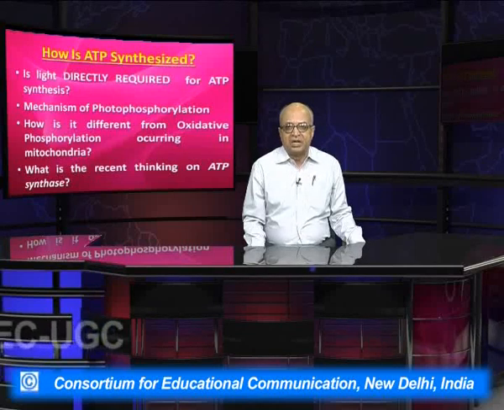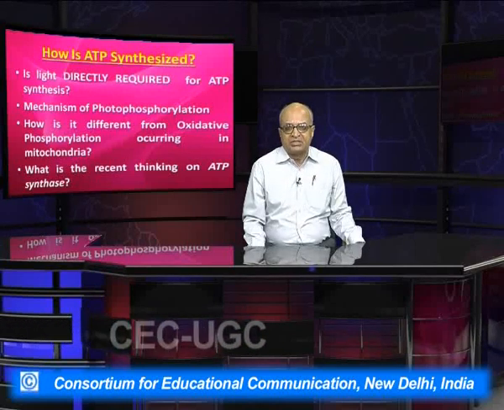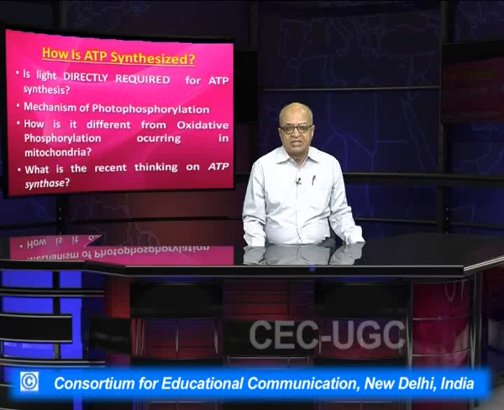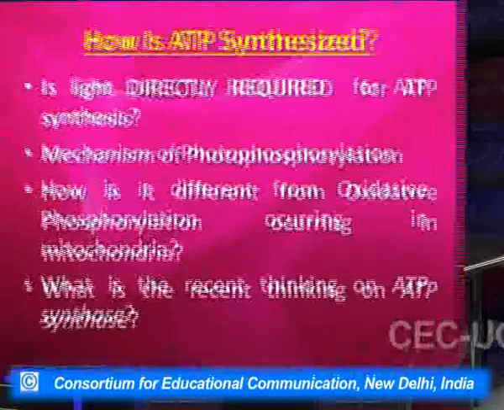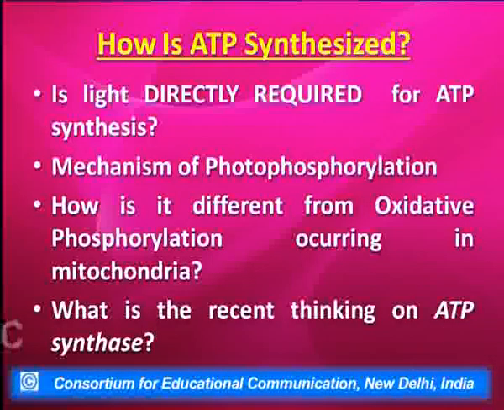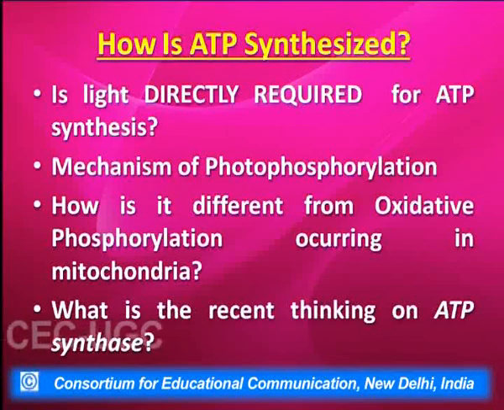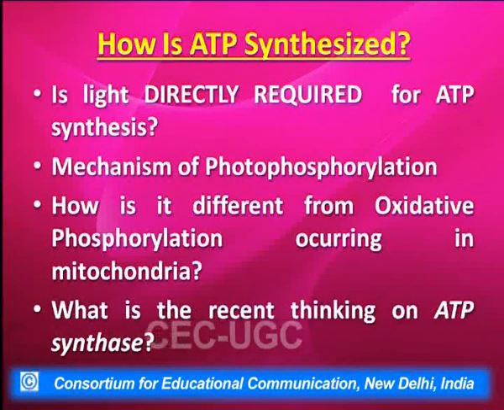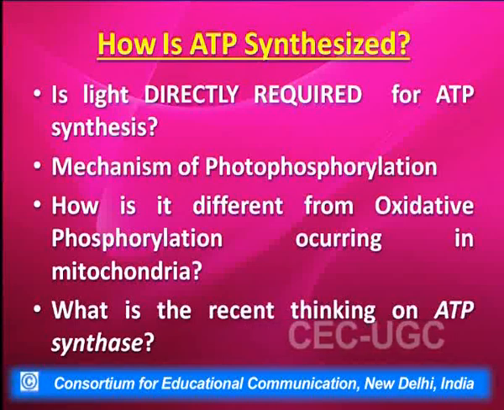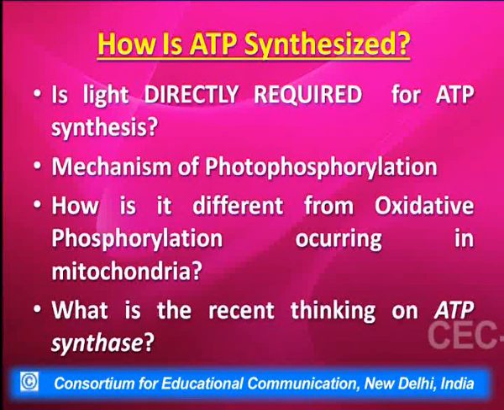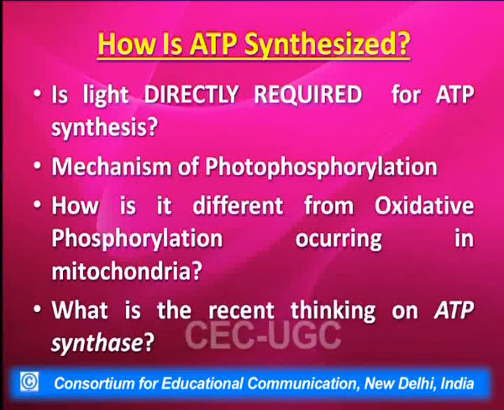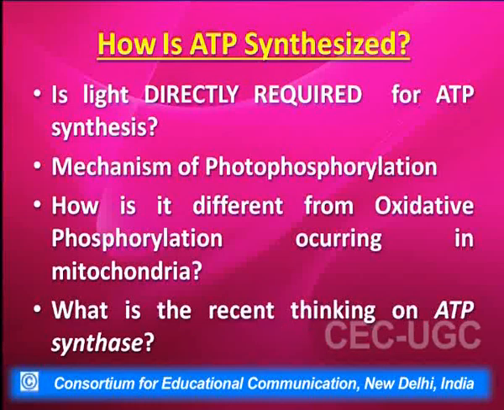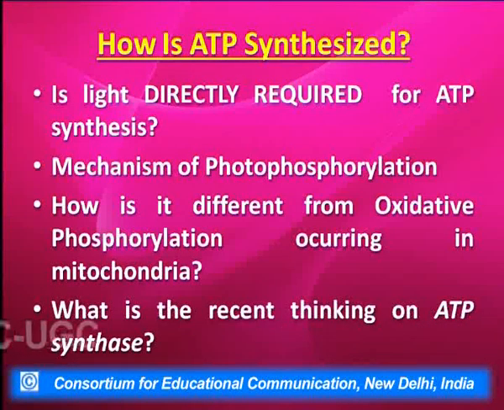Is light directly required for ATP synthesis, or is it that light is triggering something else and then finally ATP is the product? What is the exact mechanism of the ATP generation, that is photophosphorylation? The word photo is there as a prefix. It is understood that light must be playing a vital role, but how direct or how indirect?